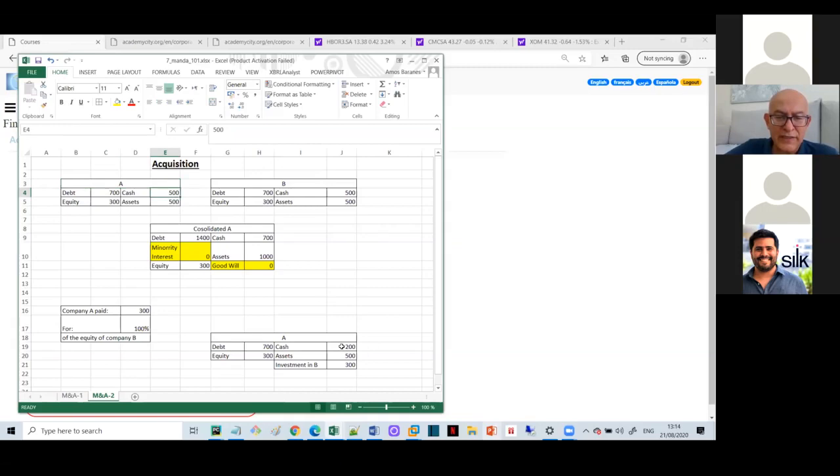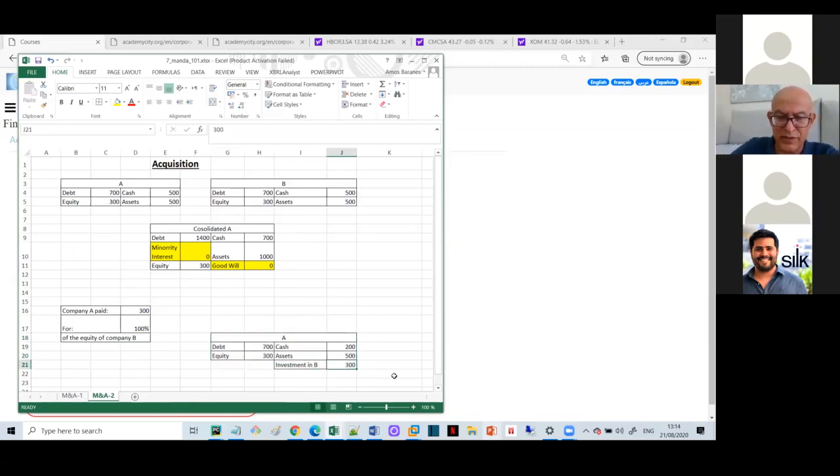That's why we have less cash. We have only 200. And instead of those 300 that used to be here, we have another asset called equity in company B, or investment in company B. This is really the balance sheet of company A. Nothing is really different. The only thing we're going to do to create the consolidation is erase those 300.